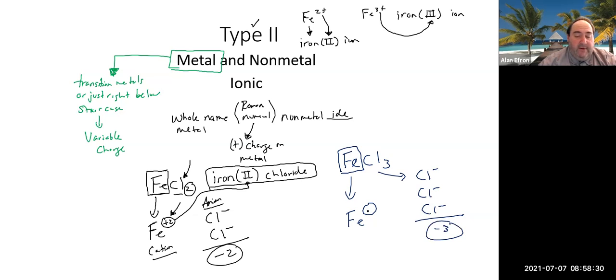To balance it out, it has to be a +3 in this case, which means this guy, although it looks very similar, would have a name of iron Roman numeral 3 chloride here. Again, the Roman numeral 3 is for the +3 charge that we see in the iron in this case.